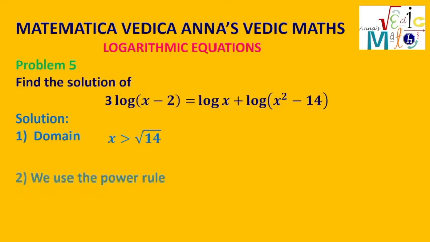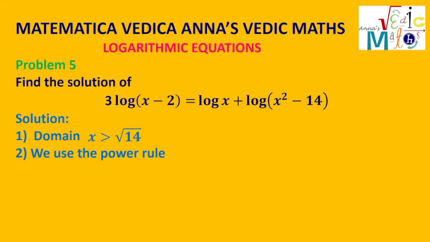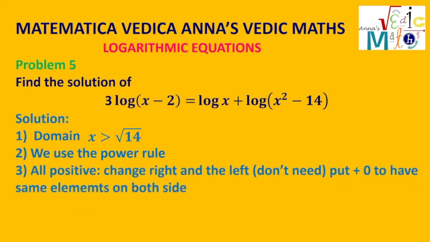In step 2, we use the power rule. So the 3 that multiplies log x minus 2 becomes log x minus 2 to the power 3. So we have this change. In step 3, it doesn't need to rearrange in order to have all positive.